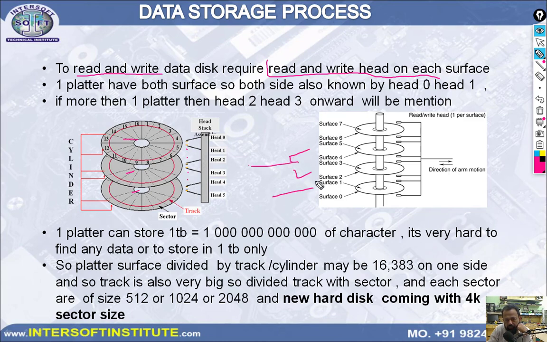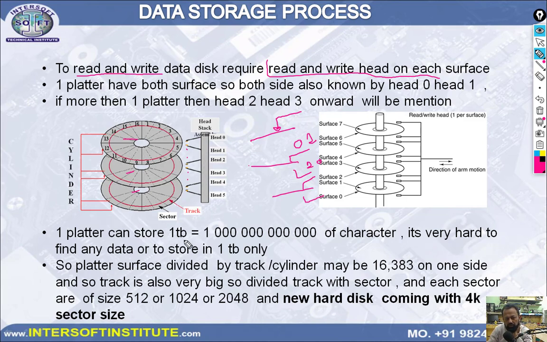If 2 platters, then it may be 3 or 4 heads required. So on each and every platter side we require 1 head to read and write the surface. 1 platter has both surfaces, so both sides are known as head 0 and head 1. So if only 1 platter, it will be addressed like that, 0 head or 1 head. If more than 1 platter, then 2 head, 3 head onward will be mentioned.